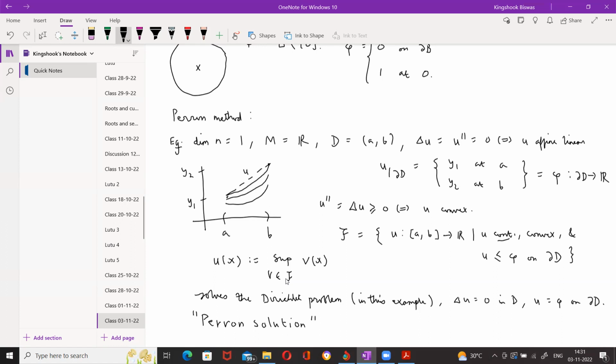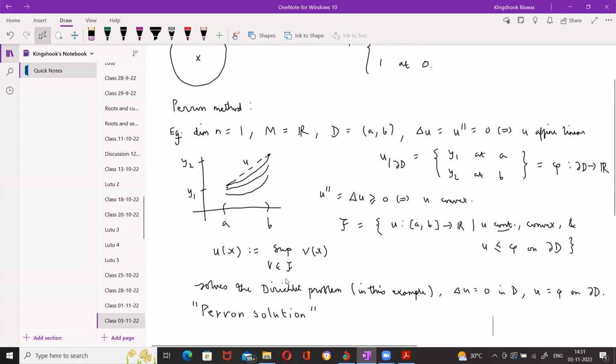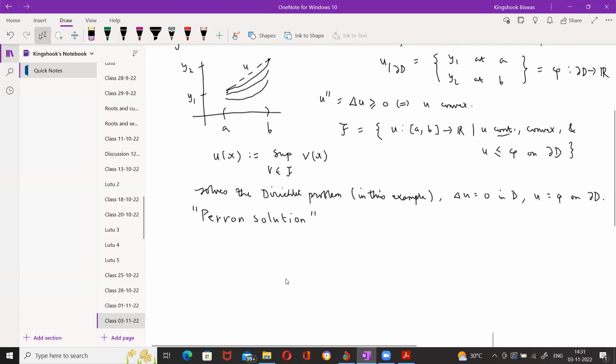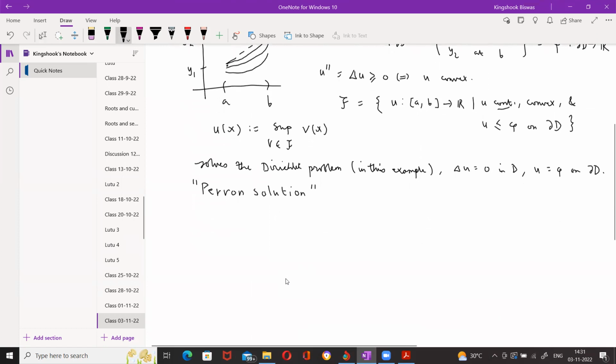What you want to show is that the limiting function that you get, its Laplacian is 0, or in this one dimension, that means it is linear. So how do you do that?